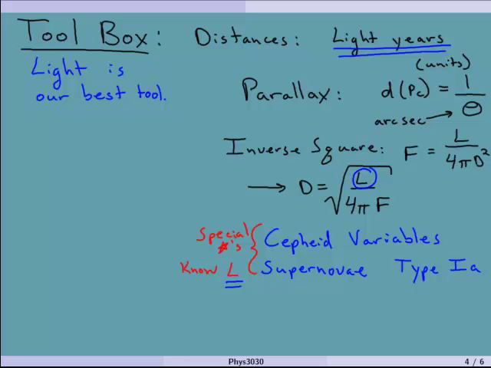Okay, and then the last thing, again, back to light. So let's go sort of to this column over here. So light's our best tool, right? And we can use it, remember, to look at those spectra, so we can measure spectra. And the spectra are going to be twofold.